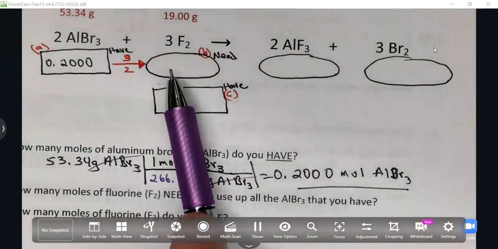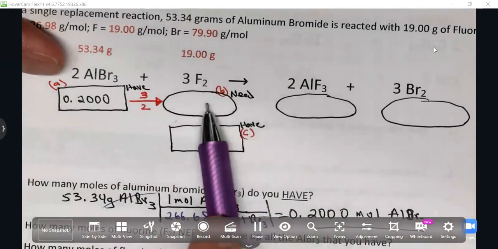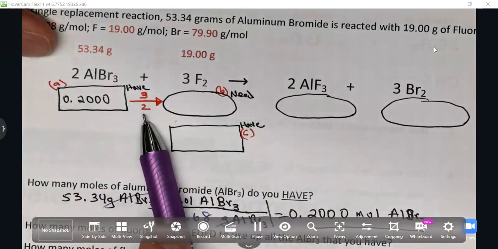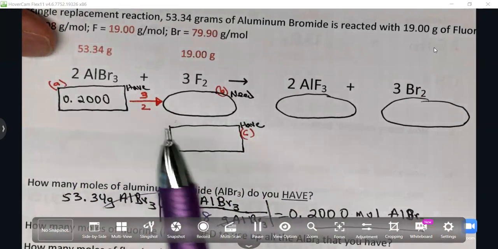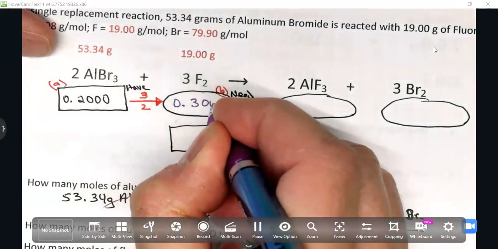How many moles of fluorine do we need? 0.2 times 3 is 0.6, divided by 2 is 0.3, right?